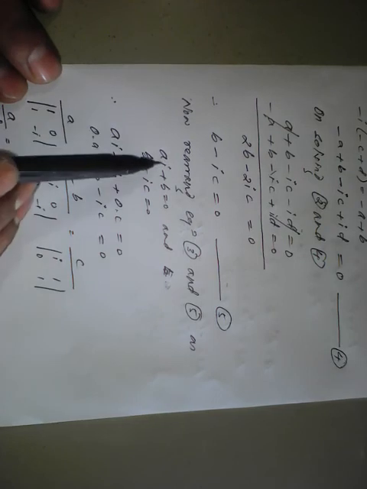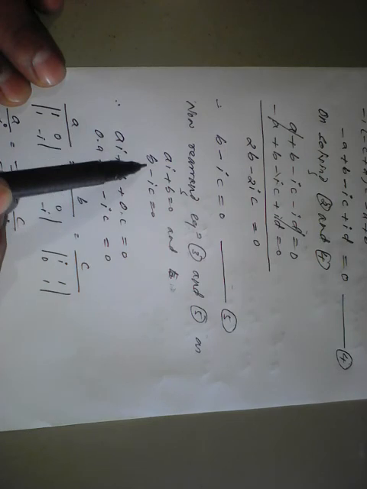So Ai plus B equal to 0 and B minus iC equal to 0. I will rewrite this as Ai plus B plus, we don't have C here, so I will write 0 into C equal to 0. Then in the second equation, we don't have A, so we write 0 into A plus B as it is, minus iC equal to 0.